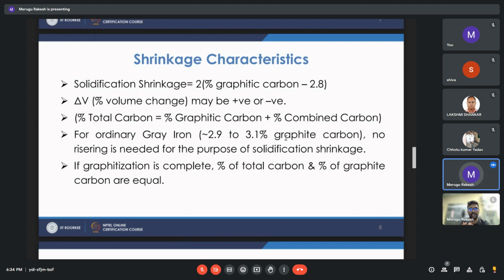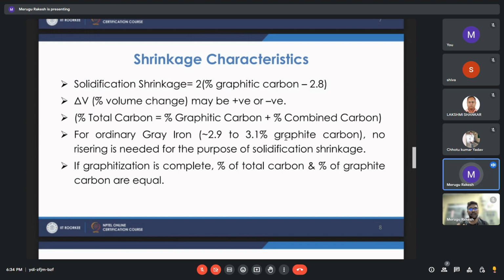Normally, if you have a length of 100 and a shrinkage of 2, then in order to compensate for it you provide extra, so that it finally fills and shrinks by 2 to come to 100.